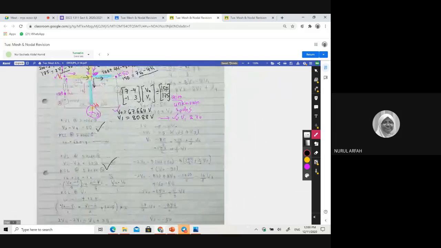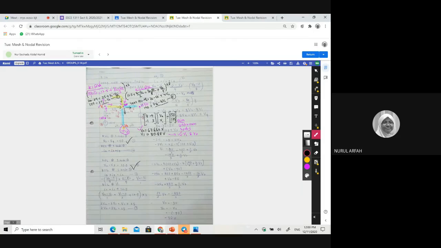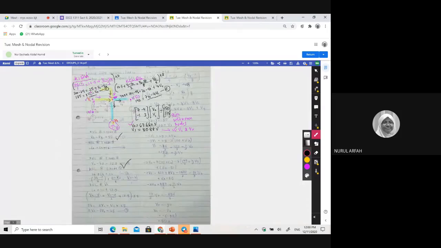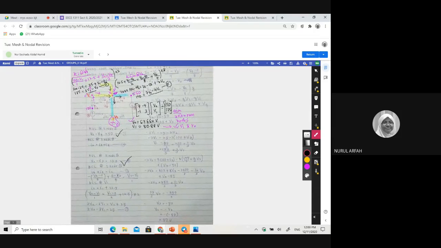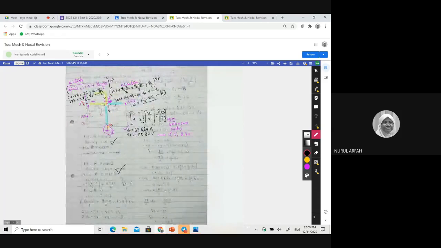And then you have another one. You have how many? 2, 4, 4, this one is zero. You have 5 equations actually, sister, in this supernode method. And then you have KCL. Where's your KCL? KCL at V1. KCL at V naught. You have negative.